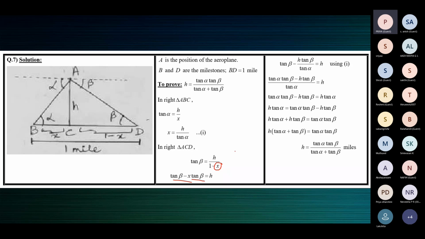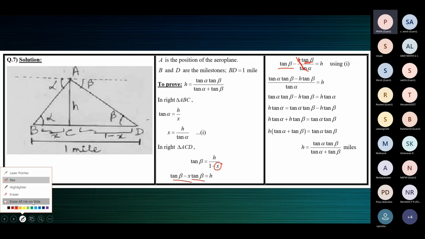Now substitute. We don't want x. So tan beta as it is, and instead of x, h by tan alpha, and tan beta which is there. This is x tan beta is equal to h.